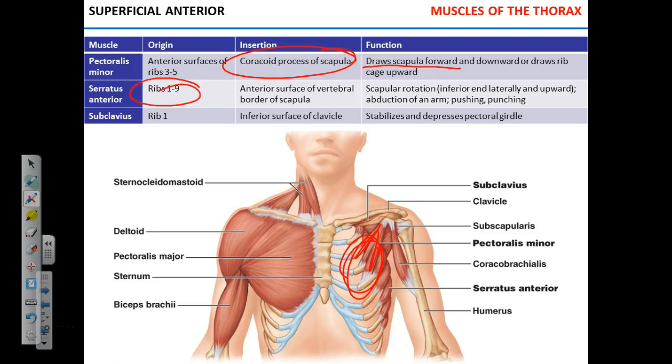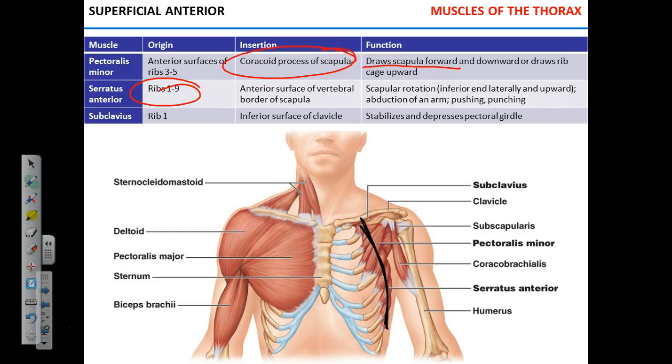Serratus anterior originates in the ribs from 1 to 9. You can see them here. And they are inserted into the vertebral border of the scapula. The vertebral border of the scapula refers to that medial border, right here. You can see it.